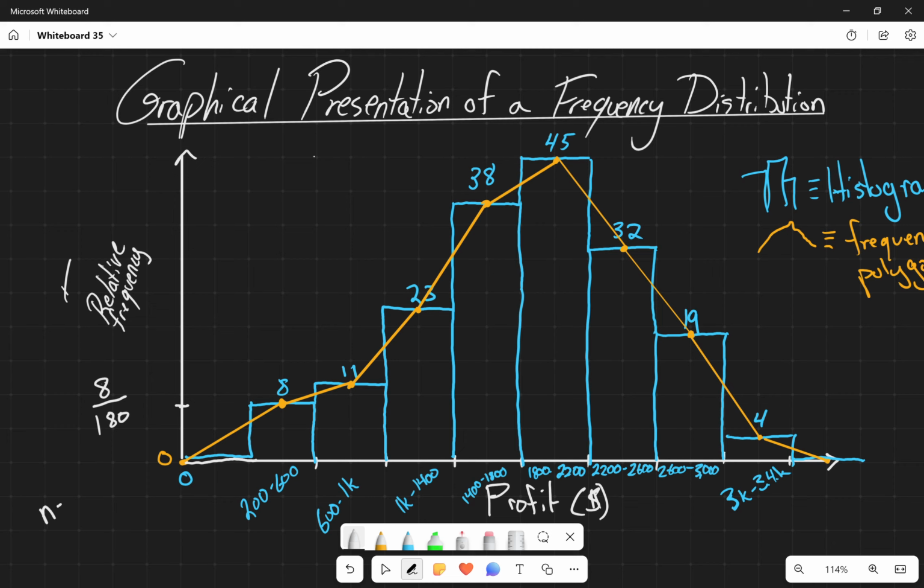So n is equal to 180. That's the number of observations. And so this relative frequency number here is going to be 0.044. We can interpret this by multiplying by 100 and say that 4.4% of the total observations are between 200 and 600.